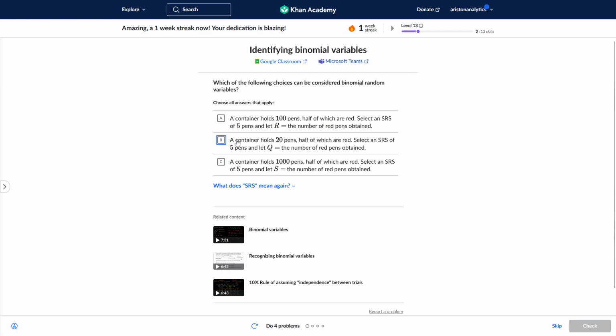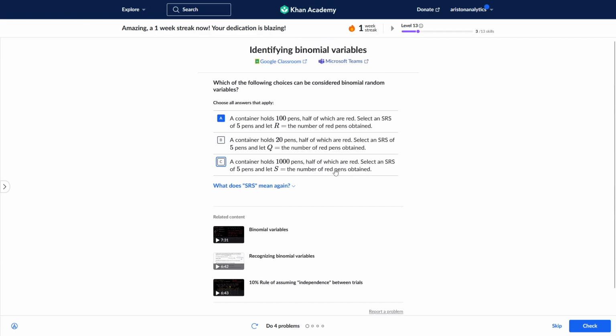Which of the following choices can be considered binomial random variables? I would say this one should not be, because if there's no replacement and it's only 20 pens, then we can't assume independence, I think. Container holds 1,000 pens, half of which are red.